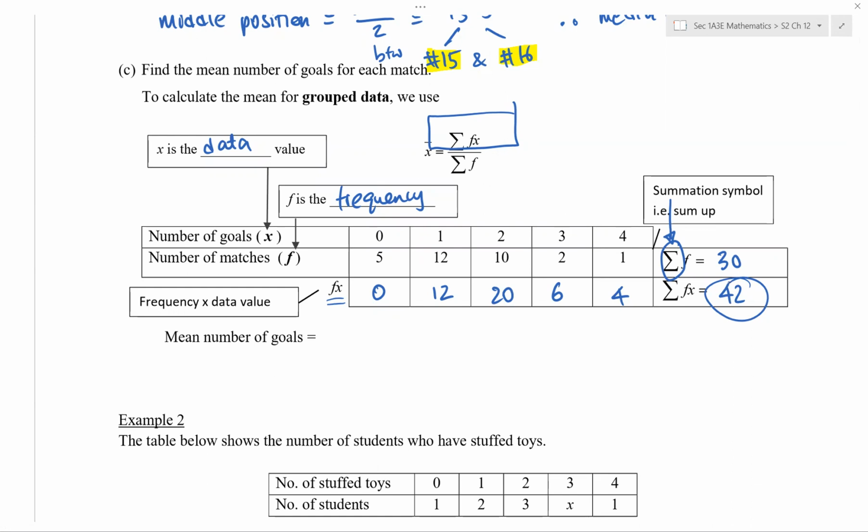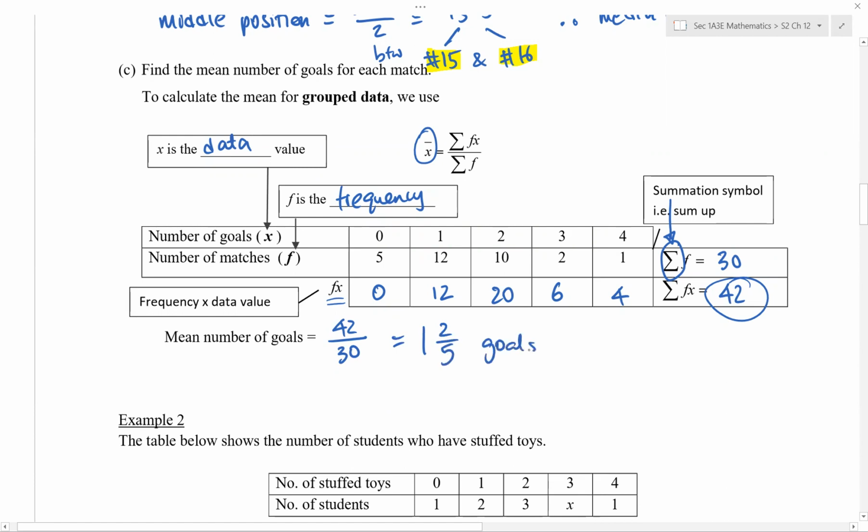No change. So our mean, which is also known as X bar, we get 42 out of the summation for the frequency, the total frequency, total count. So 30. And this gives us 1 and 2 of 5 goals.